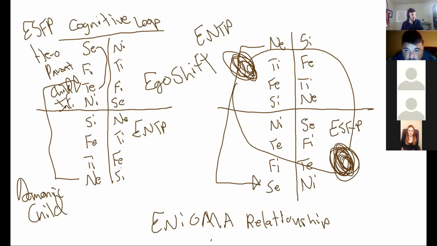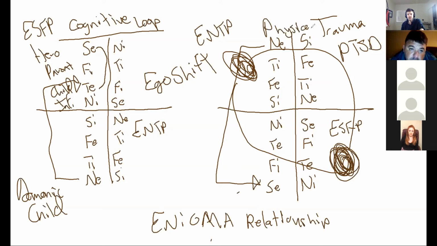When do ego shifts happen? They happen with times relating to serious trauma, PTSD, like head trauma, like physical trauma. It can also be psychological trauma, which takes a lot longer, but physical trauma could actually be instantaneous.